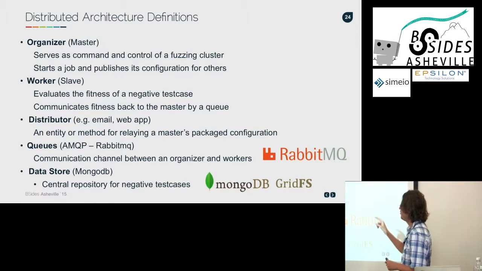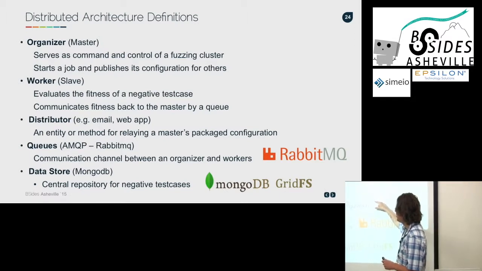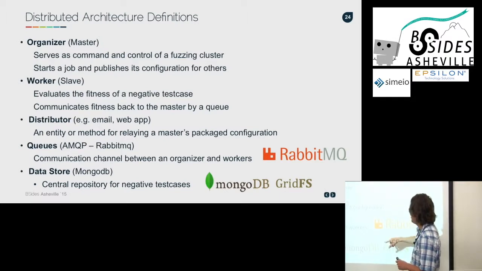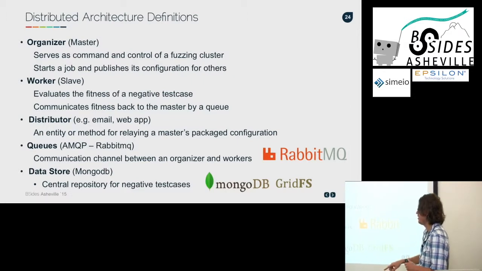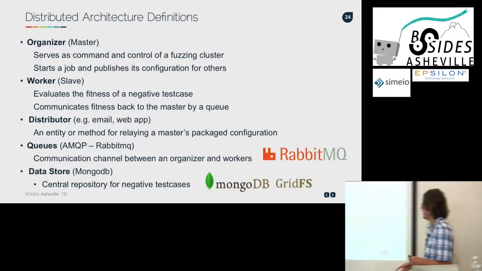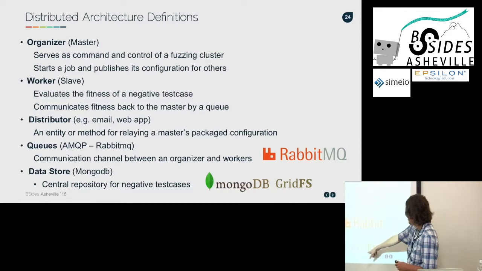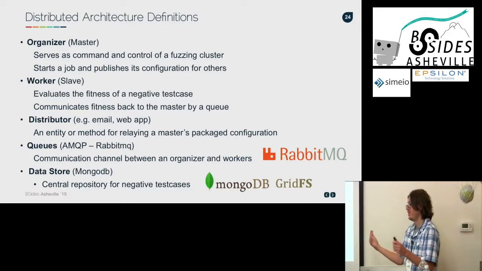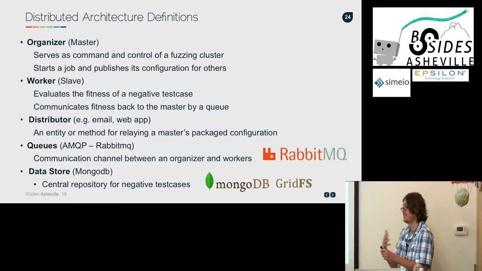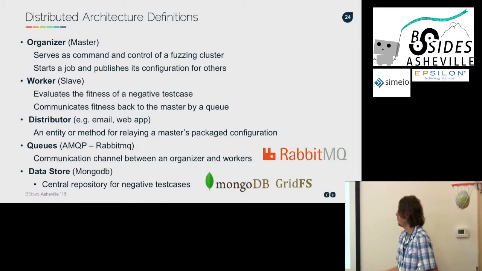And then also in the actual distributor, in the configuration file, it has addresses for the queuing system, so how to hook up to the RabbitMQ system that I'm using. And for a data store, I'm actually using MongoDB, which has a cool feature called GridFS, where I can just start storing files in MongoDB, and somebody can just connect up to MongoDB and pull those test cases out with them. So it's pretty cool.